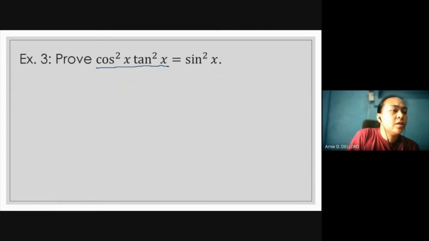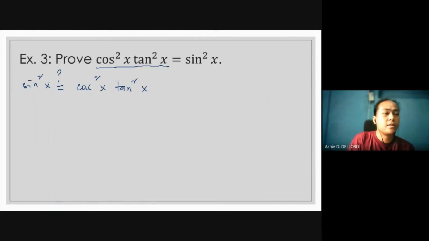Hindi natin alam if this is equal to sine squared x, kaya we are actually trying to prove kung equal talaga yung cosine squared x times tangent squared x kay sine squared x. Okay? Sige, let's have cosine squared x times tangent squared x.